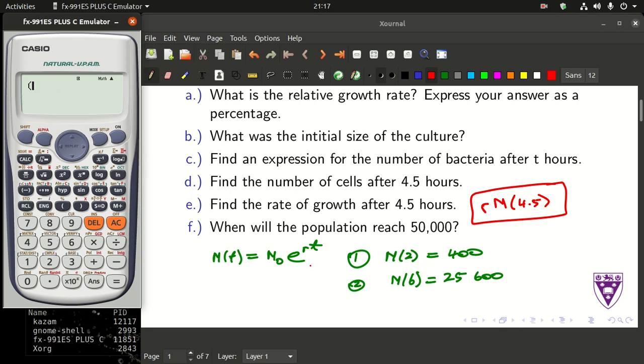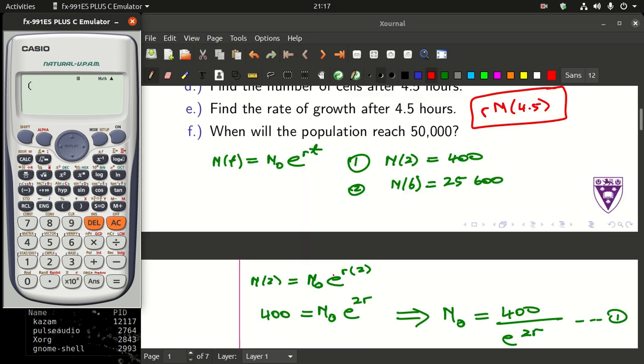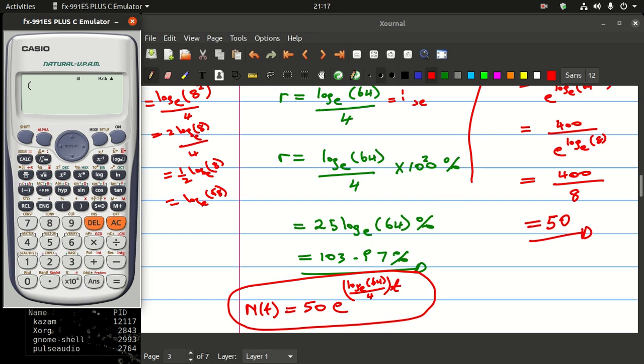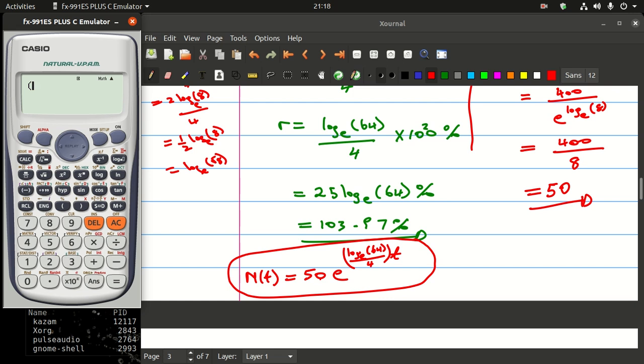Our r was this, so we ended up having a log base e of 64, and then we divide it by 4. That's our r. And then now we want to multiply by n of 4.5.